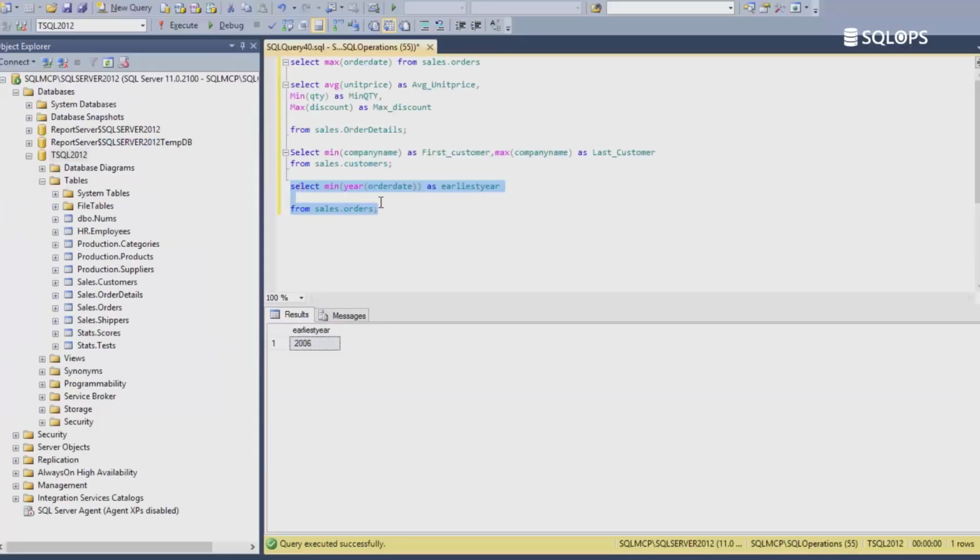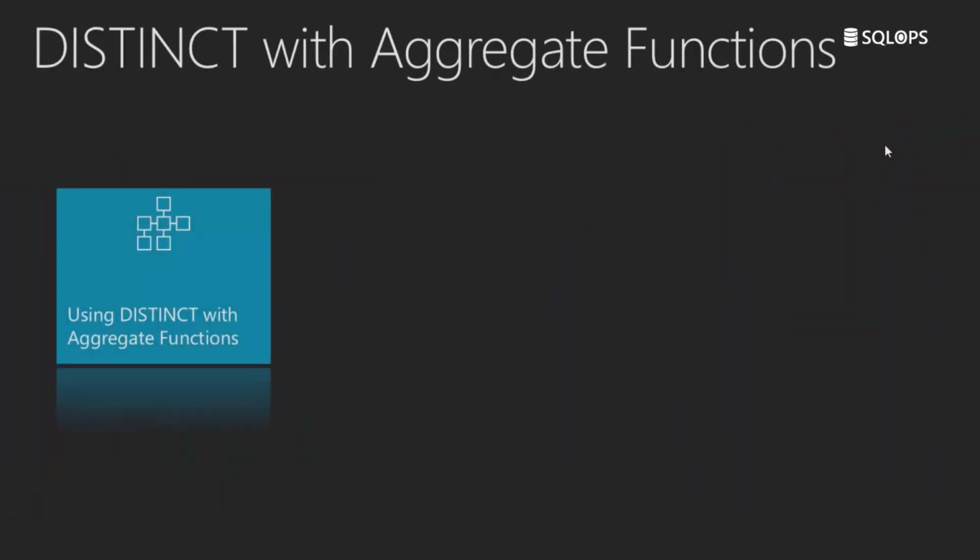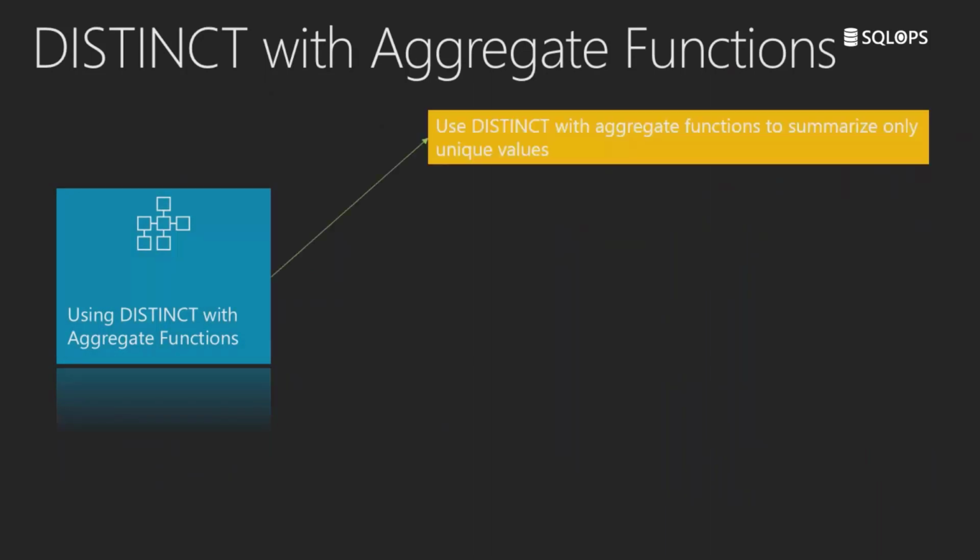So far you've seen how to use the aggregate functions. Now let's see how to use distinct with these aggregate functions. Earlier in this course, you learned about how to use distinct in a select clause to remove duplicate rows. When used with an aggregate function, distinct removes duplicate values from the input column before computing the summary value.